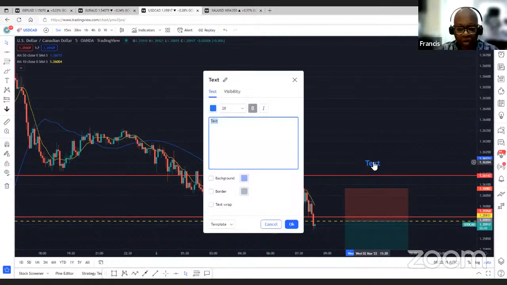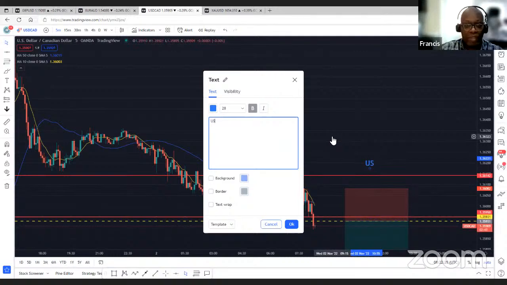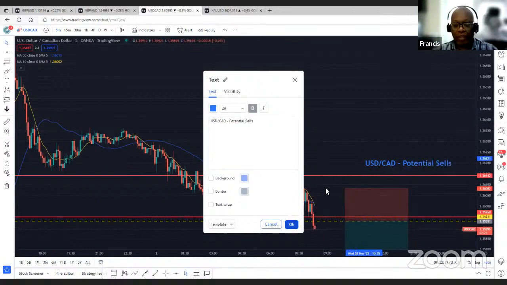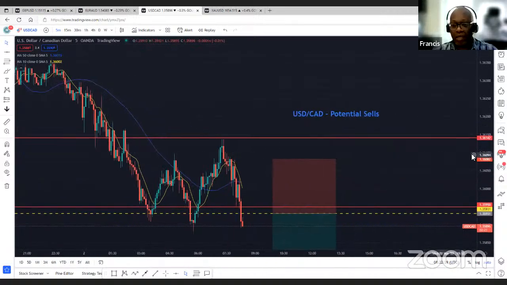It's good to wait for confirmation, candle confirmation. Okay, so that's what I'm looking at here.